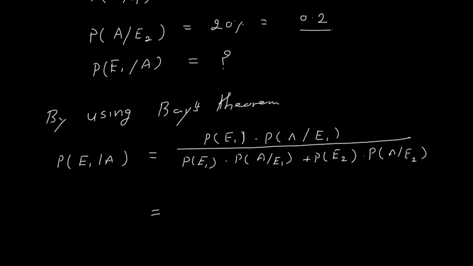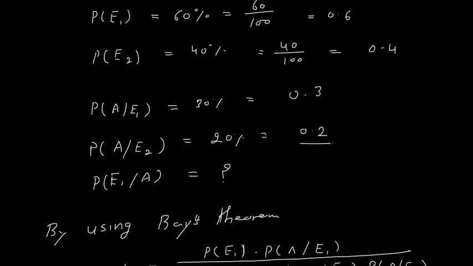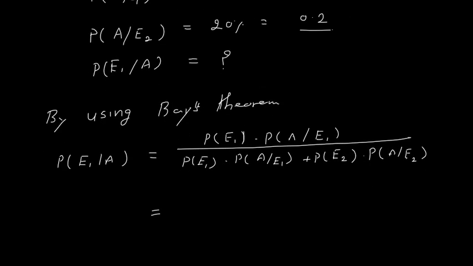This is equal to probability of E1. Probability of E1 is 0.6, into probability of A by E1 is 0.3, divided by 0.6 into 0.3 plus probability of E2.